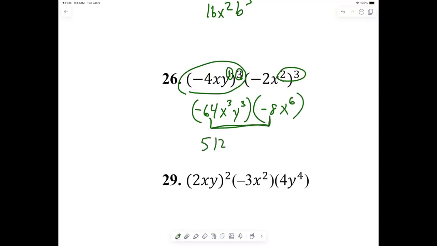I'll just tell you for now, 512. 64 times 8 is 512. All right, now how many X's altogether are there? X to the 9th, Y to the 3rd. Perfect. Anybody have any issues? That's the hard one.